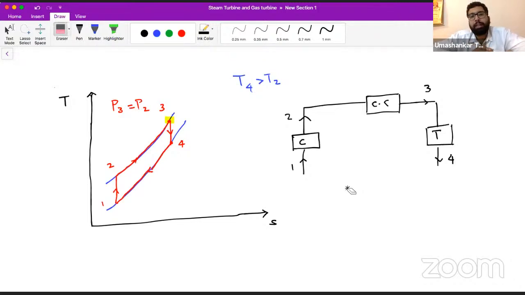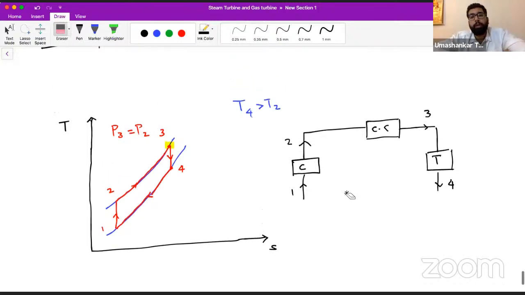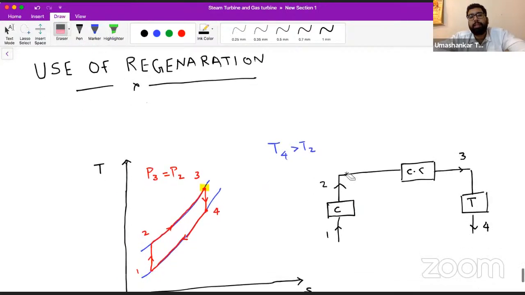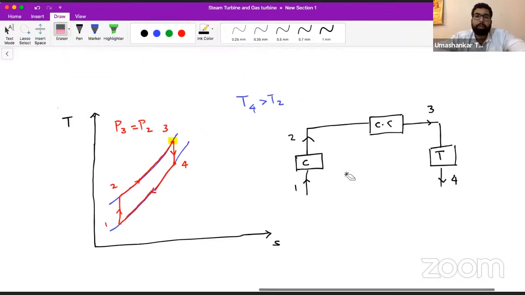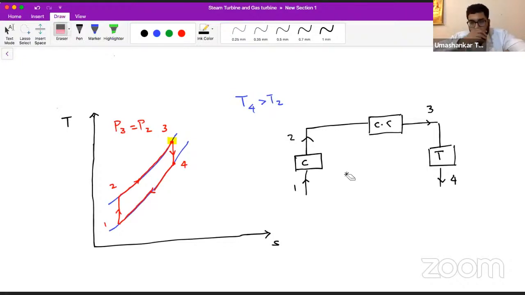Now, if you are letting this air or gas get exhausted to the atmosphere, you are somehow wasting this heat energy. So if you are wasting this heat energy, as an engineer, you must find a way that we must not waste this energy, and we should convert it into something useful. This is the approach an engineer should have.